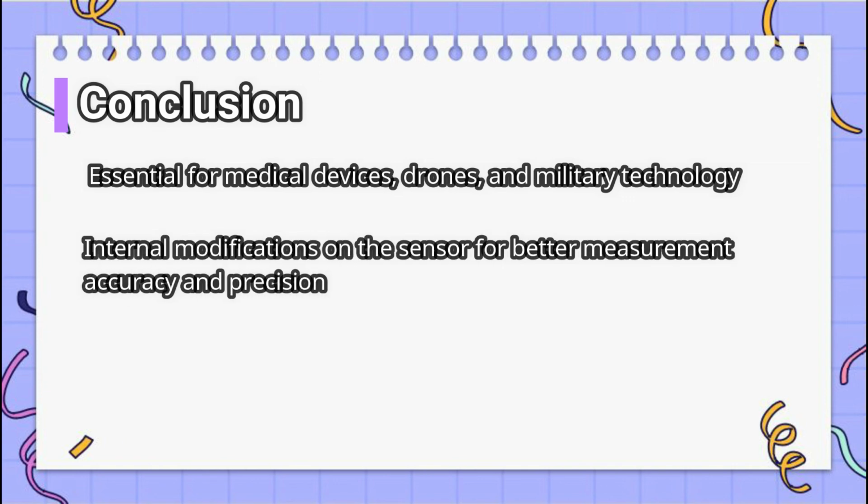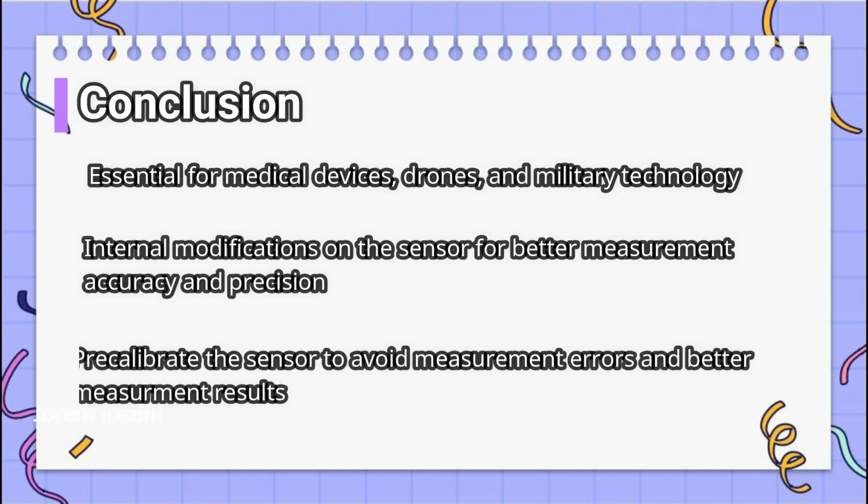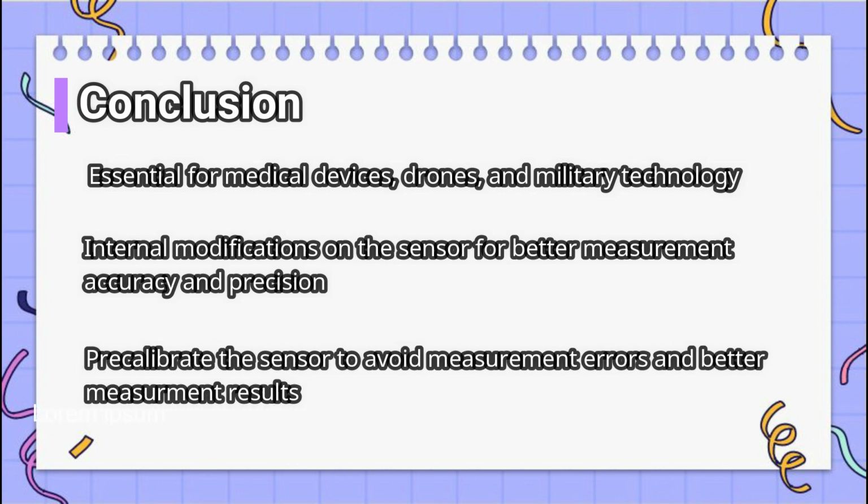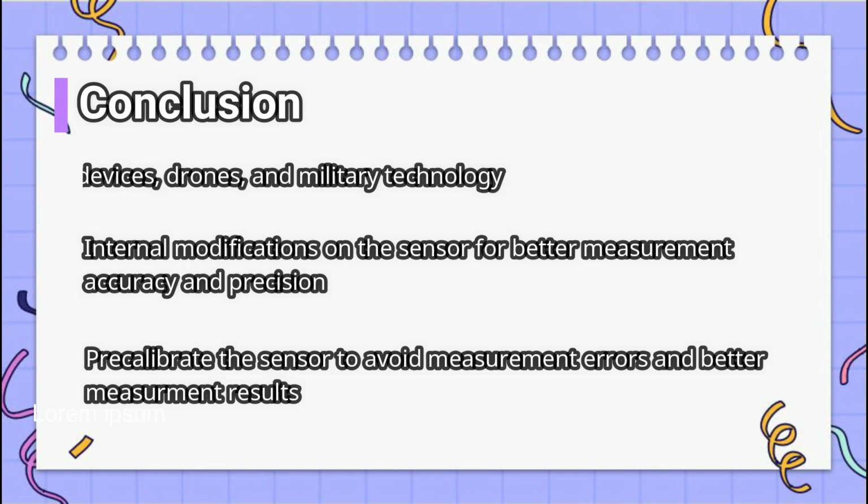Other than that, slight modifications on the thermal sensors can improve the accuracy and precision of measurement of an object's temperature. Finally, thermal sensors need to have a proper calibration to have the most accurate and precise measurement possible.